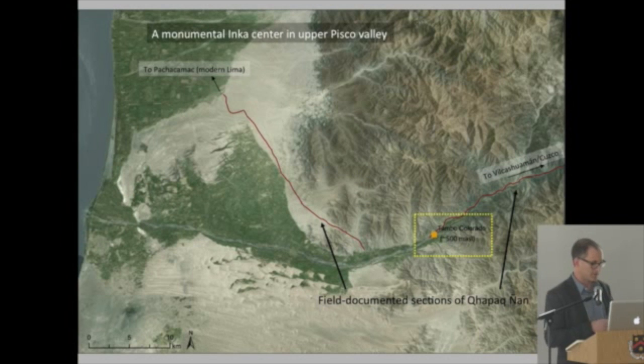There it is, and you get a sense of the arid landscape, and we're at the top end of what's the proper Pisco Valley in Peru. You see the segments of the Capacñan that have been documented in the field. One goes on to the massive pilgrimage center Pachacamac, outside modern Lima, and then the one that goes up into the highlands towards Vilcas and Cusco.